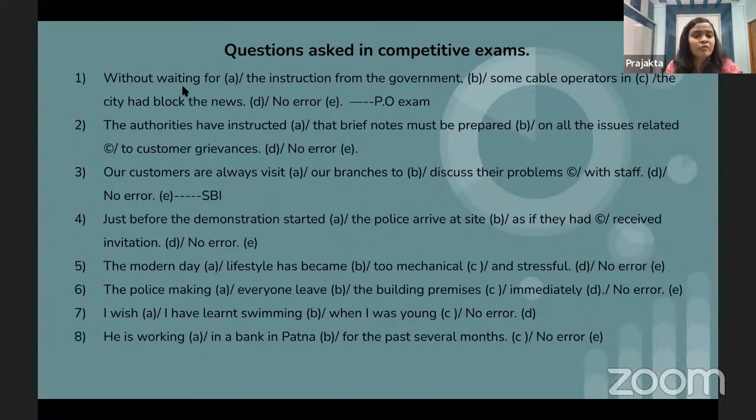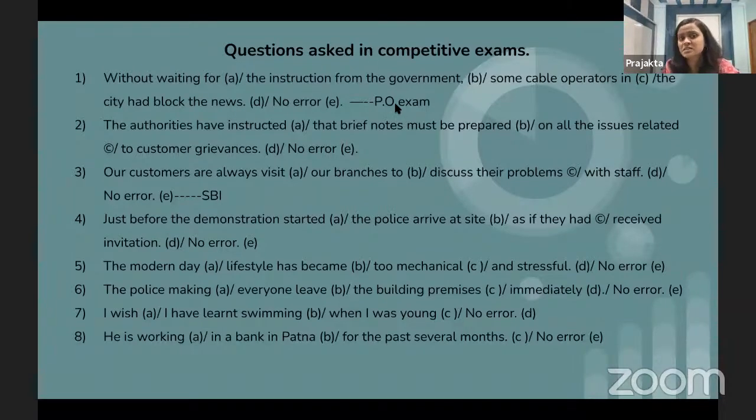See: without waiting for the construction from the government, some cable operators in the city had blocked the news. One whole sentence is given here and it is divided into parts. They have given A, B, C, D, and we have to identify where the error is in the sentence.